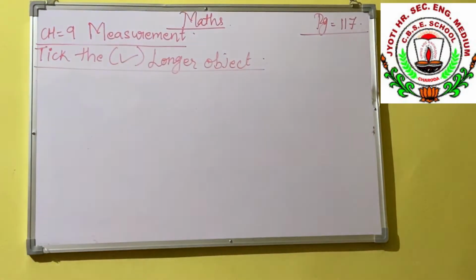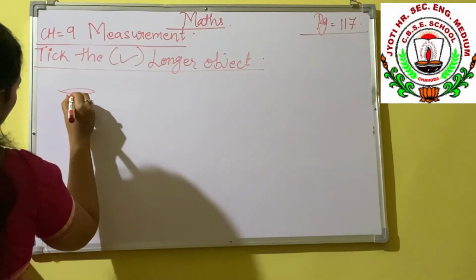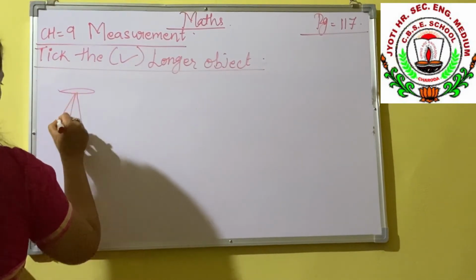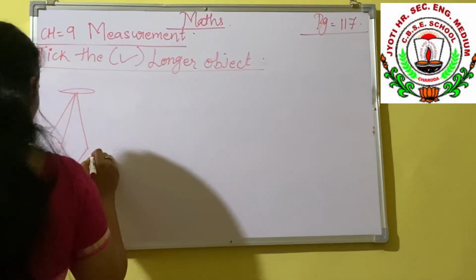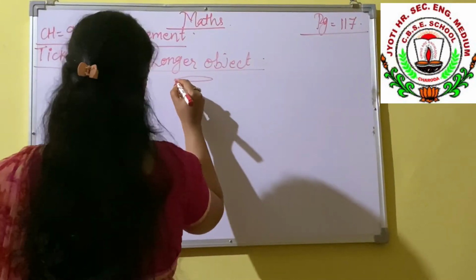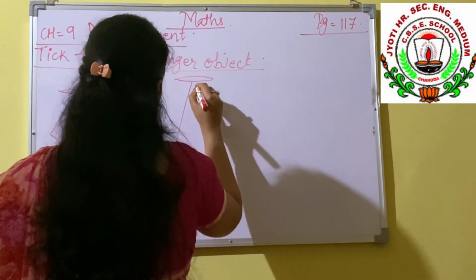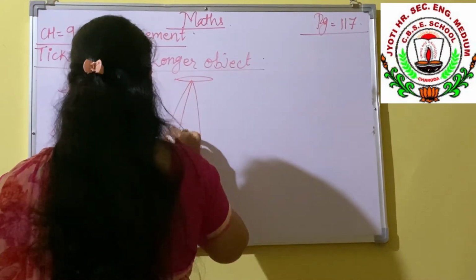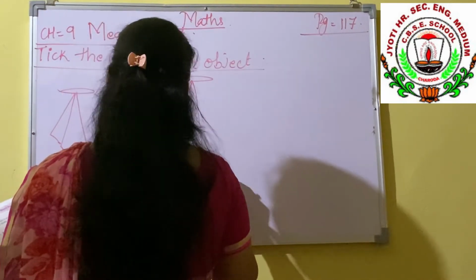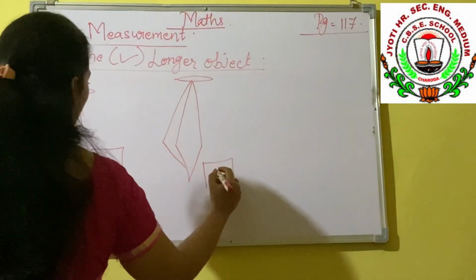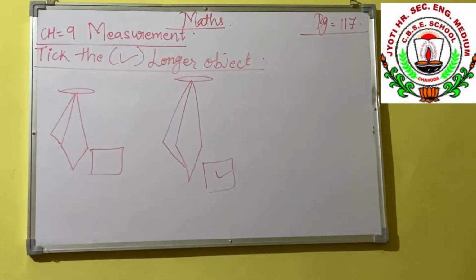You can see, students, one tie is given over here, a green tie and a multicolor tie. So the longest tie is this, and we have to take the longer one.